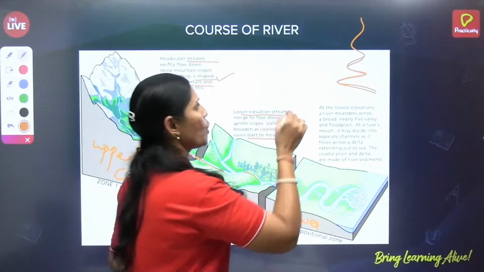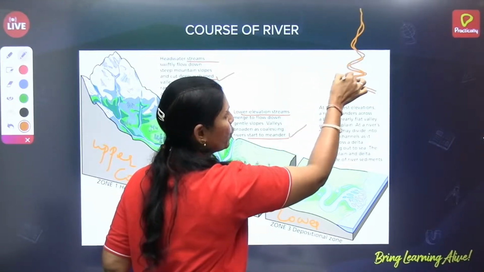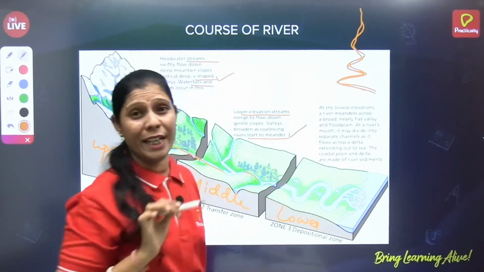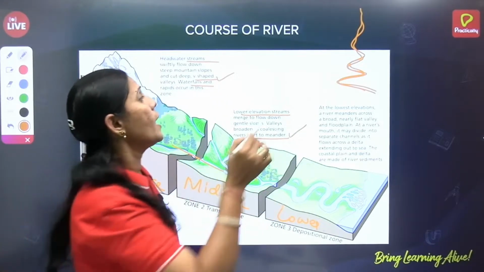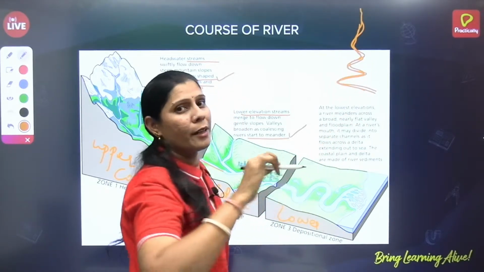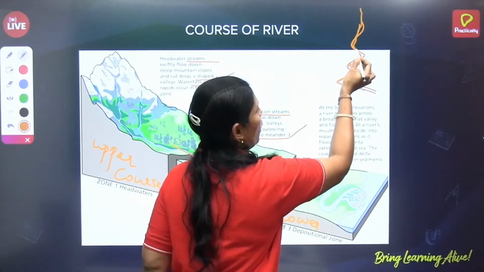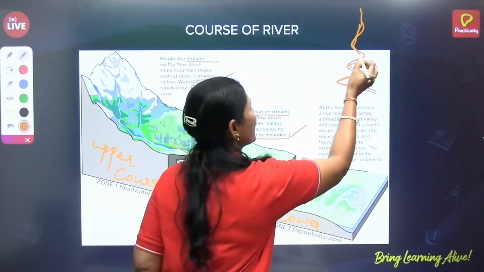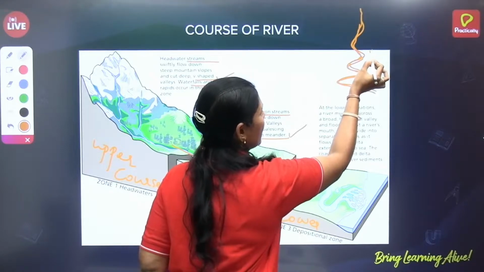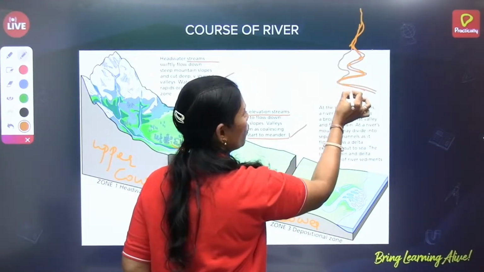Okay, in the course of the journey, when the river flows with excess water during the rainy seasons and all, the flow gets disturbed, and with the excess water overflowing, what happens is this loop cuts off and the water may travel in other directions and flow like this also.